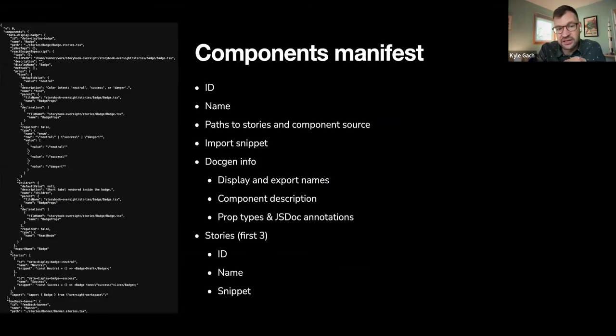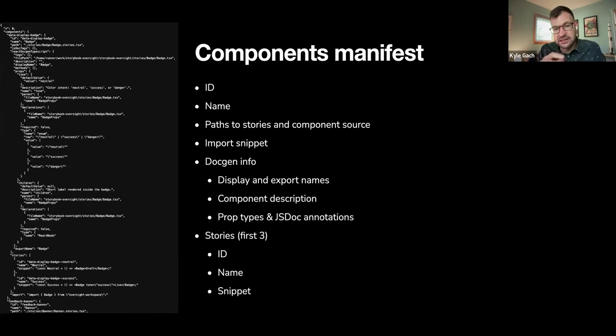Don't worry about reading the JSON on the left. That's just for illustration, but that is a real example. For each component in your Storybook, it contains its ID, the name of the component, the paths to both the stories and the component source, an import snippet, and all the information we get from the docgen, like React docgen or React docgen TypeScript.